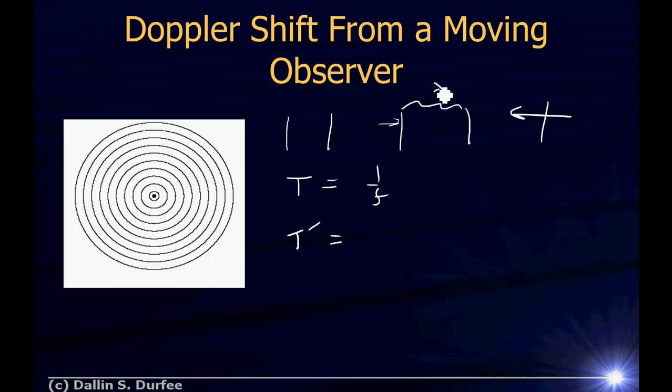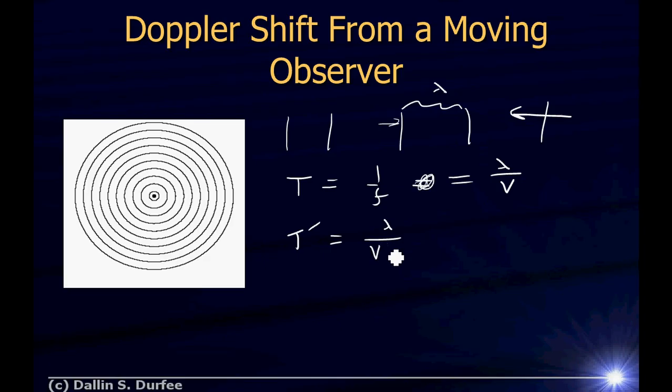I have some wavelength that's moving at some velocity v, so the time that it takes for one wavefront to pass if you're sitting still is just lambda divided by v. But if you're moving into the wave, it's as if in your reference frame the waves are moving a little faster.